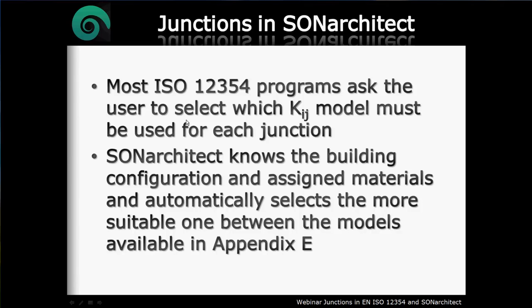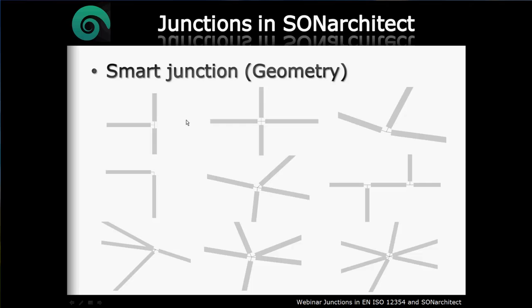For instance, here we have a sample of possible junctions that you will find very often in real buildings. And as you can see, for us it's very simple just to say, okay, let's take a T model for this first junction. We have here T, and this is a corner, of course, and this is a cross, okay, no problem with that.